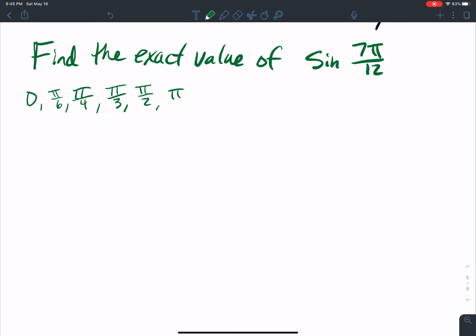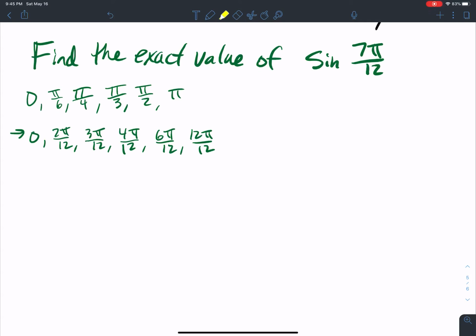Now, denominator is 12 here, so I'm going to convert all these to have a denominator of 12. So that's 2 pi over 12, 3 pi over 12, 4 pi over 12, 6 pi over 12, and 12 pi over 12. Okay, so how can I get 7 pi over 12? Either adding or subtracting.